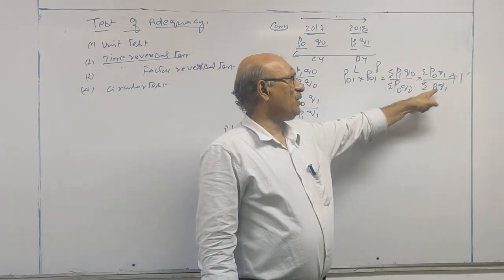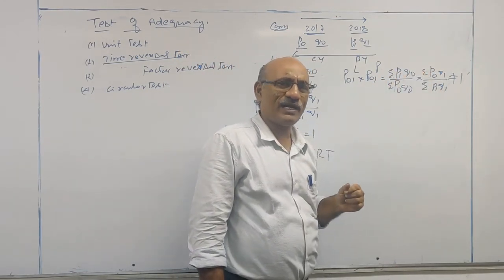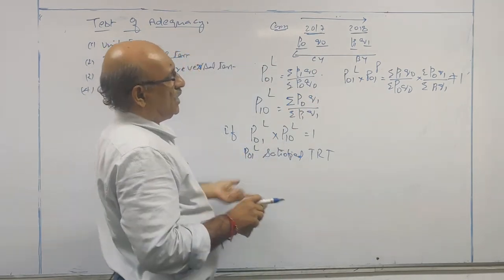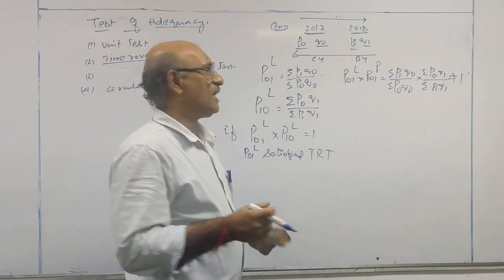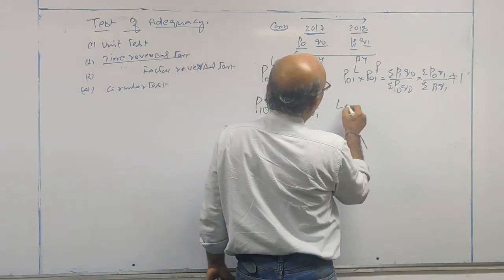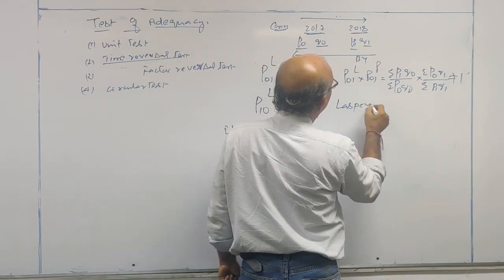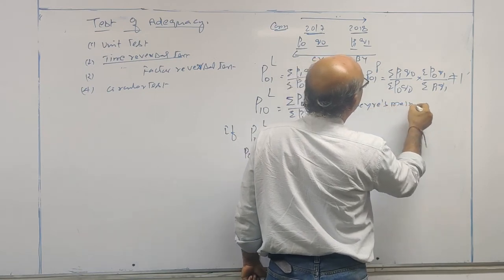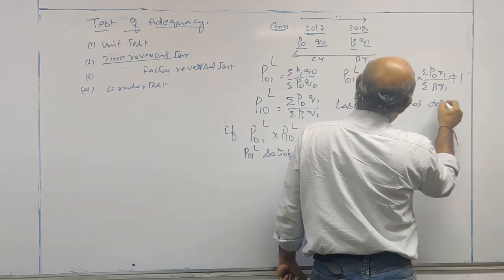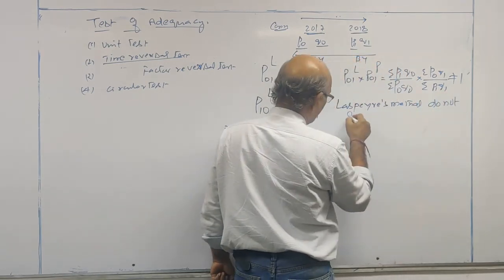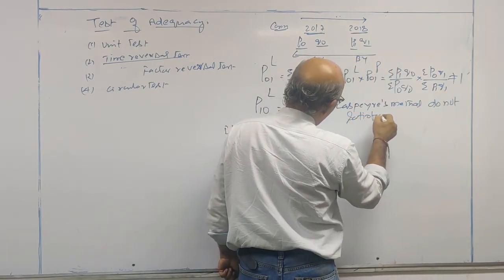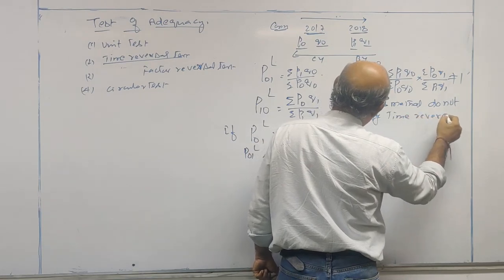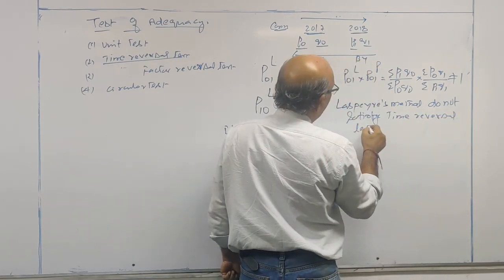P1 Q0 and P1 Q1 values you cannot cancel. So from these calculations, what can I say? Laspeyres' method does not satisfy the time reversal test.